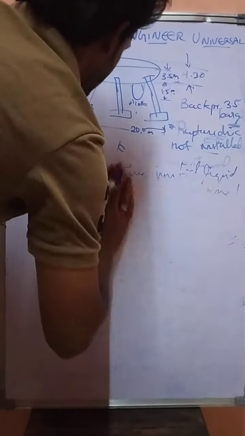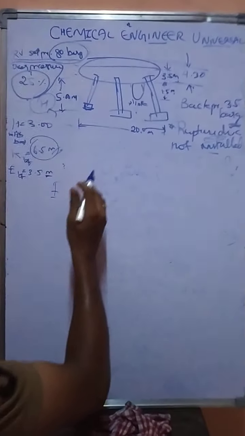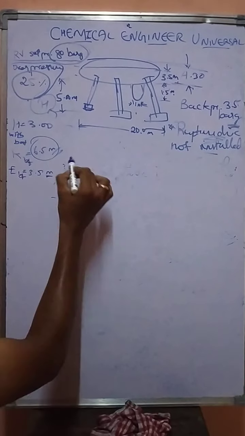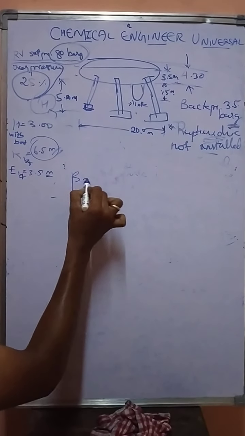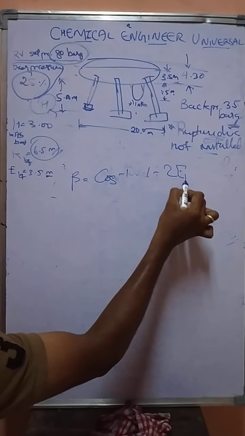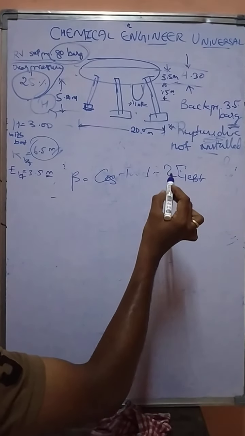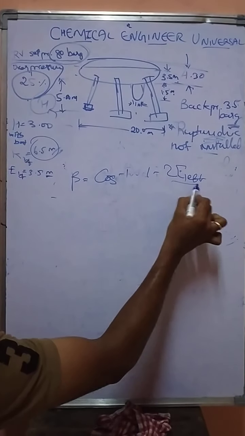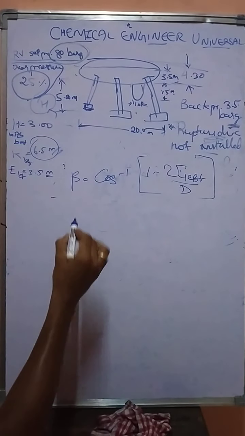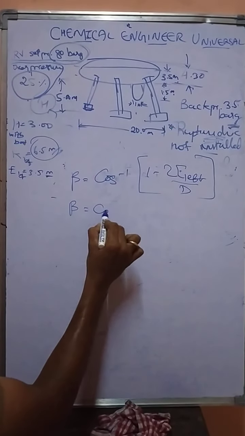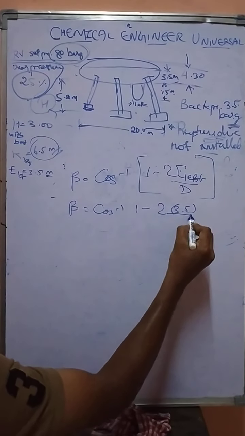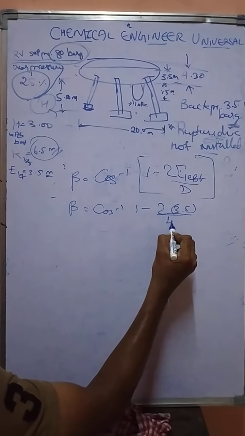The next one we have to find out is the effective liquid level angle. Whatever the angle that is coming, that we have to find out. We have the formula: beta is equal to cos inverse of 1 minus 2 E1 effective divided by D, the tank dia. Based on this formula, you apply E1 effective, which is equal to 3.5 meter, divided by the dia, which I told you is 4.3 meters.